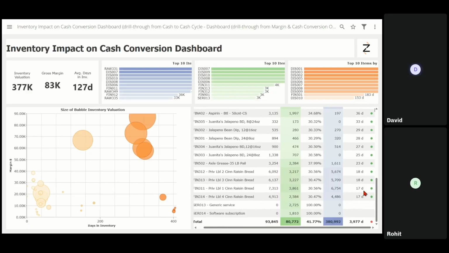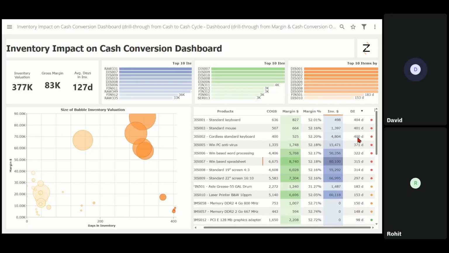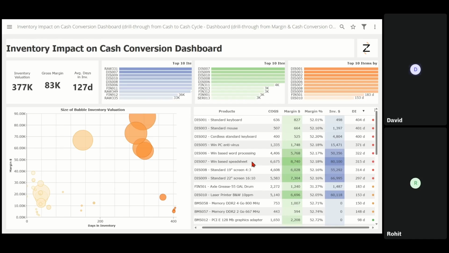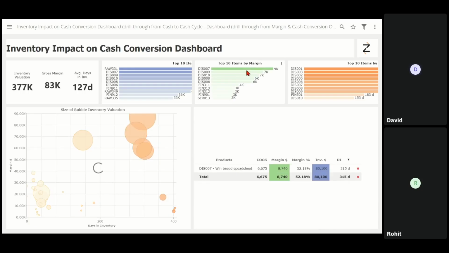And then all the products that I consider to be healthy in terms of aging, right? So what I see here is that from these red performers, this product, which is the win-based spreadsheet, which is the DIS007, seems to be my top item in terms of margin. This is one of the items that it's basically affecting me the most, right?